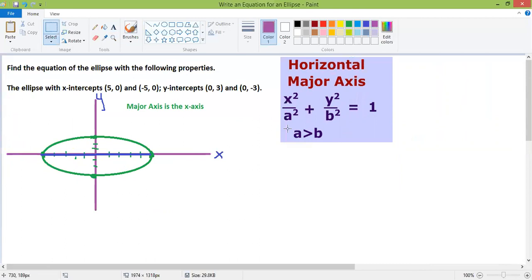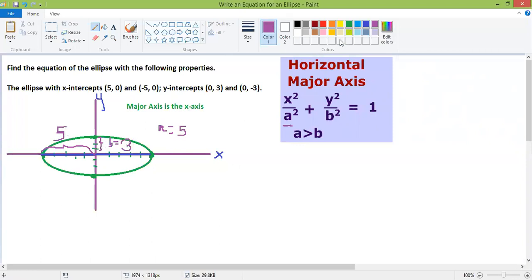How do we figure out what a is and how do we figure out what b is? Well, a is half the length of the major axis, right? So if I look from here to here, that's 5. So my a is going to be equal to 5. It's really that simple. And then my b is half the length of the minor axis, right? So b is equal to 3.